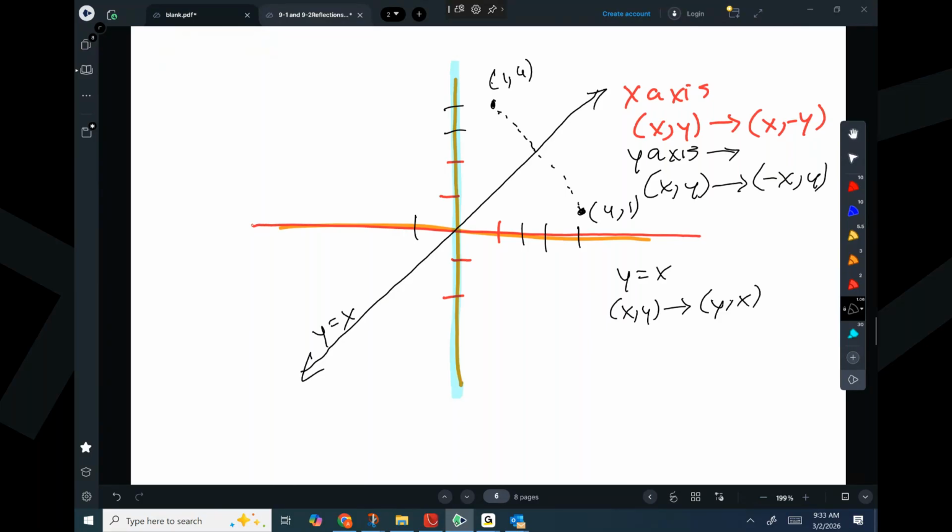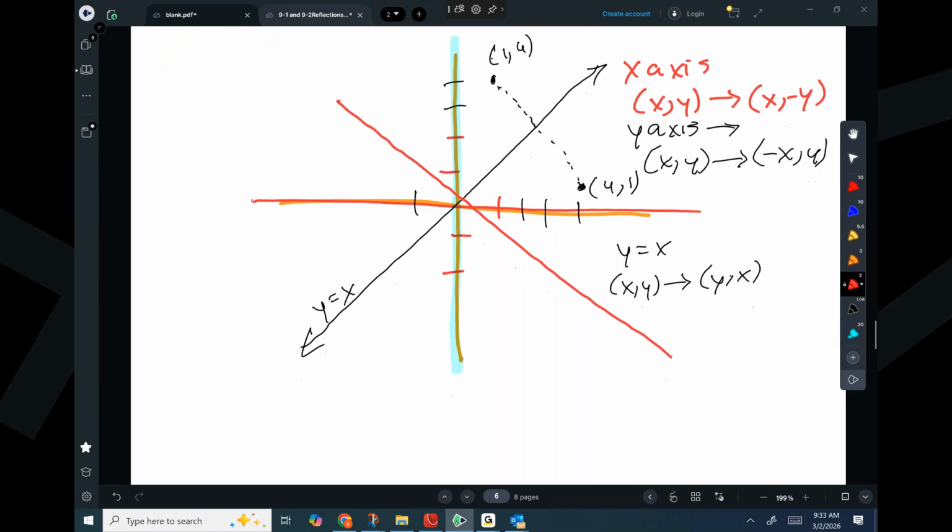What else could we reflect over? The negative parent function. So if you reflect it over this line, right? We got 4, 1, right? And it would reflect like this, right? First of all, I got to make sure I've got something that's looking like the negative parent function. Where does that look like it's going? Probably around here. Looking like what could it be with these numbers? 1, negative 4.